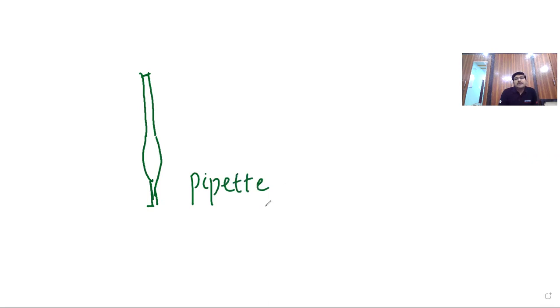You might have seen in the laboratory a small tube. This is a pipette, a small tube. This is a pipette. Okay. Burette.